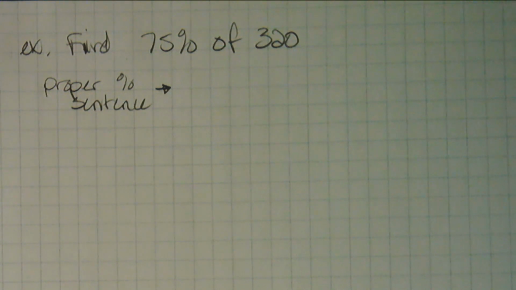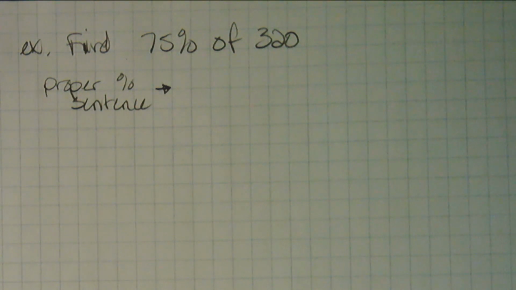Thank you. So I have 75% of 320. What word is missing in there? Matthew? Is. Well, the is information is also what's missing. So your proper percent sentence should say 75% of 320 is what number? Or is x.